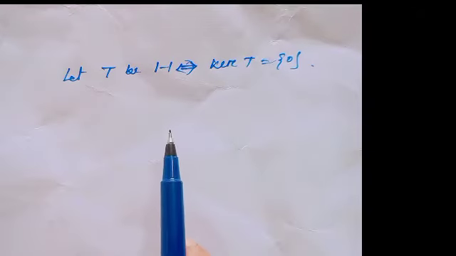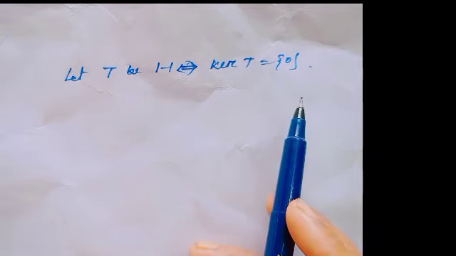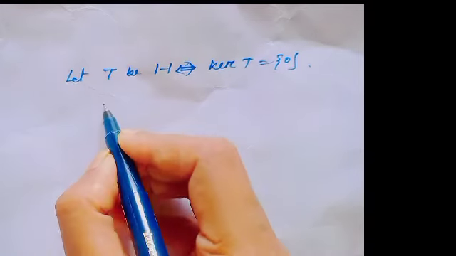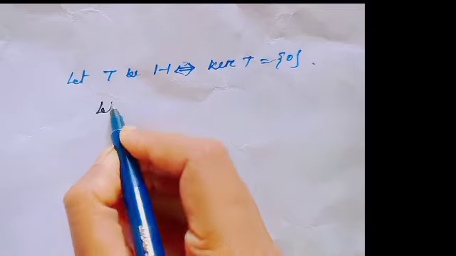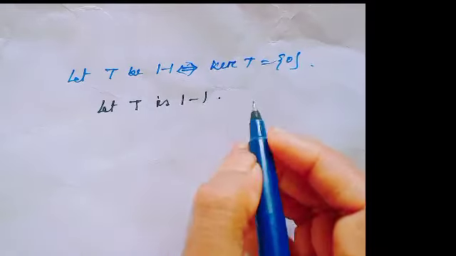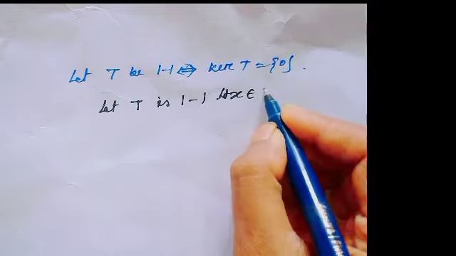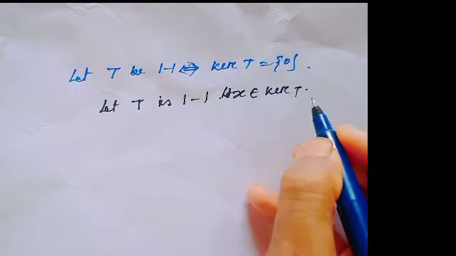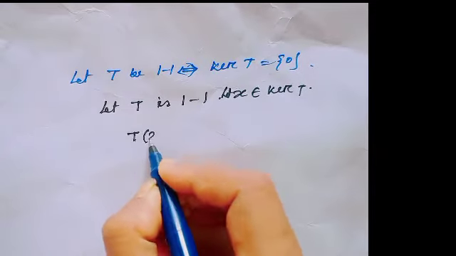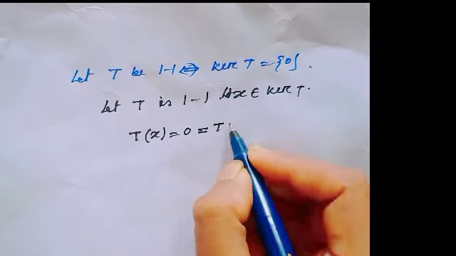Now I will show this proof. When T is 1-1, that implies kernel T contains only the singleton set {0}. This proof is very easy. At first, consider T is 1-1 and consider any element x belonging to kernel T. Since x belongs to kernel T, by definition Tx equals 0, and 0 we can write as T0.